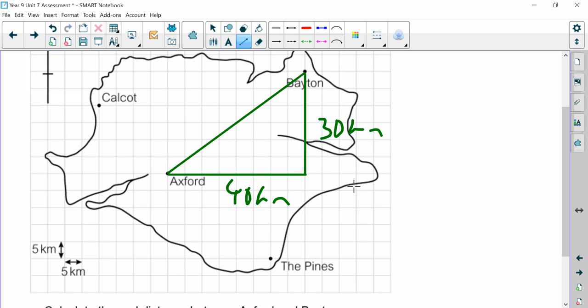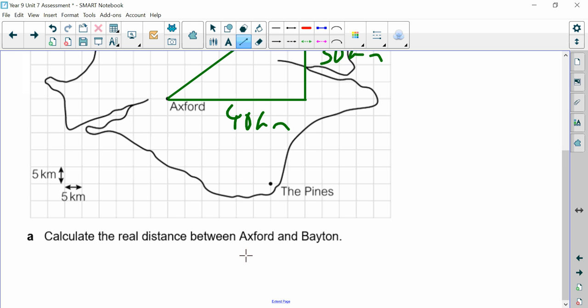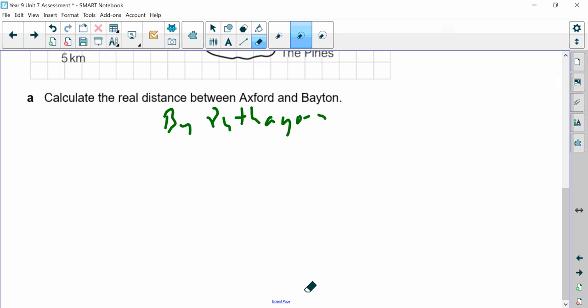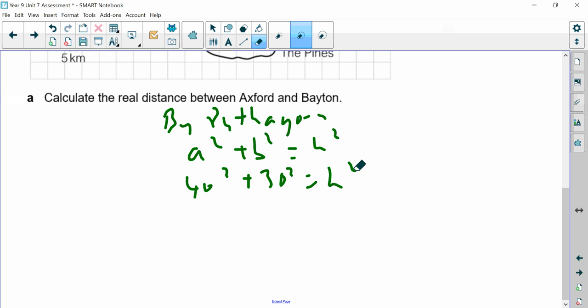And then using a bit of Pythagoras' theorem, I can work out that direct length there. We know how to work out the length of a hypotenuse. We just use Pythagoras. We're going to have this time a squared plus b squared is equal to h squared, where our a can be 40, plus 30 squared, is equal to h squared. 40 squared is 1,600. 30 squared is 900.